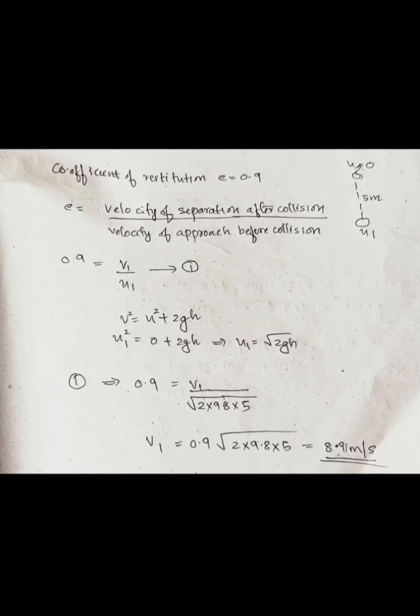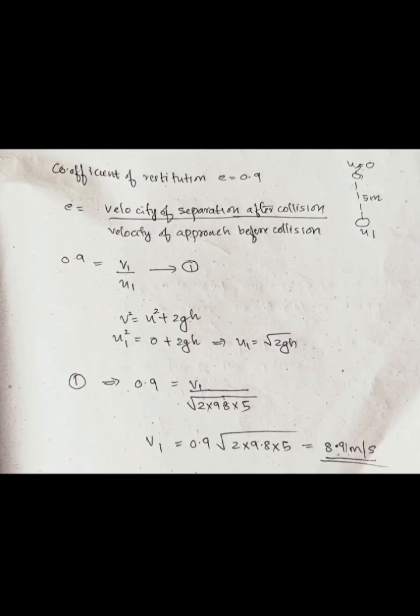When it is dropped initially, the velocity is equal to 0, and after it's dropped, let the velocity be u1. Then the coefficient of restitution can be defined as the velocity of separation after collision divided by the velocity of approach before collision. That is 0.9 equal to v1 by u1. Let it be equation number 1. We know that v square is equal to u square plus 2gh.